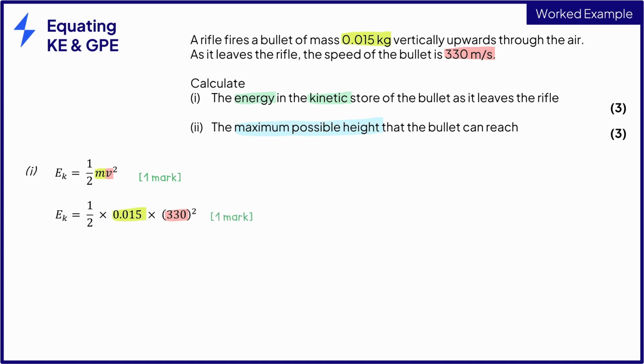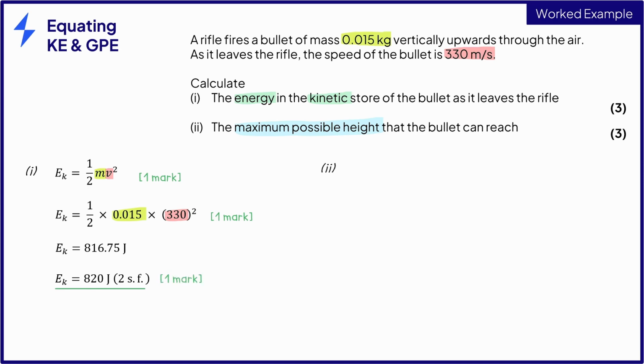The second mark is for the correct substitution. And when you plug those numbers into your calculator, you should get 816.75 joules. However, the mark is given for the correctly rounded answer. Here we're working with two significant figures, so we round to that, giving a kinetic energy equal to 820 joules, and that's the third mark.